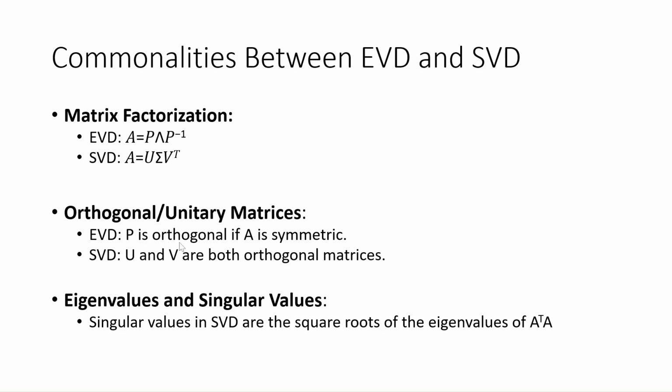Just like EVD, U consists of left singular vectors, V transpose carries the right singular vectors, and sigma contains the singular values, which is a diagonal matrix. In fact, there's a relationship between EVD and SVD. Singular values in SVD are the square roots of the eigenvalues of A transpose A. Remember, A was our original matrix. So this establishes the connection between EVD and SVD.